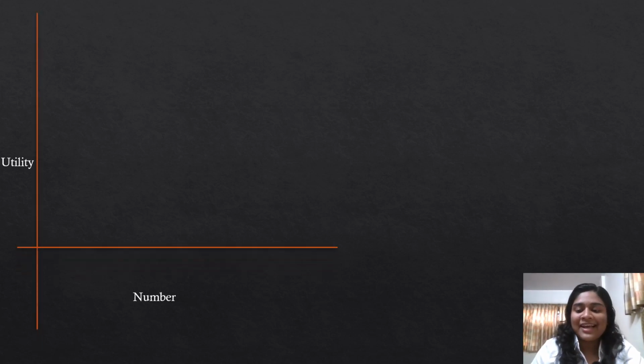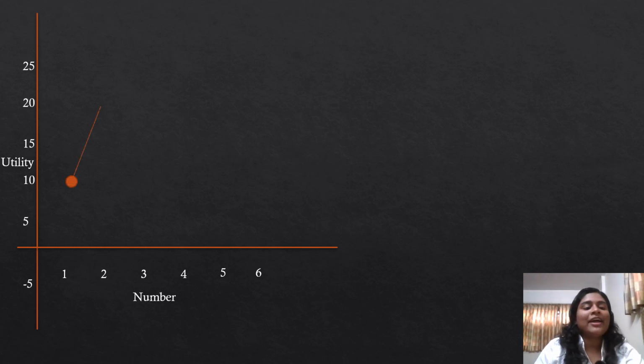On the x-axis, we have the number of cakes that we are going to have, and on the y-axis, we have the utility. After having the first cake, we got a total utility of 10, and after the second cake, the total utility increased to 18, and after the third cake, it increased to 24, and after the fourth cake, it increased to 27.